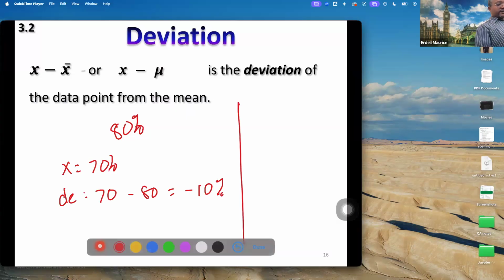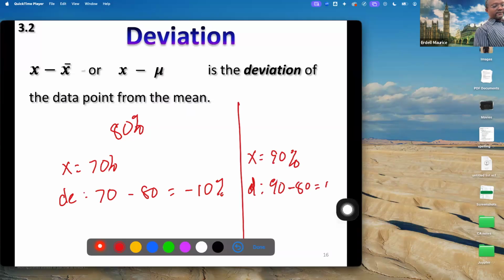On the other hand, if someone scored 90% on that test, then their deviation would be 90 minus 80. That gives us a positive 10%. That means that they scored 10 points higher than the mean on the test. Questions there? Okay.